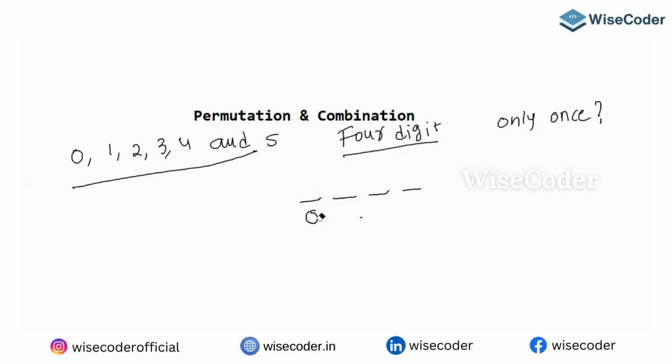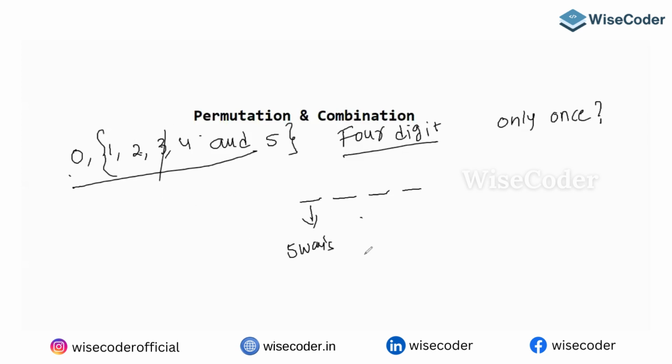The point is this, friends. So can I say 0 will come here? No. So from 0, 1, 2, 3, 4 and 5, can I say this position can be filled with 5 digits? Yes or no? So out of these numbers, one number is fixed here.